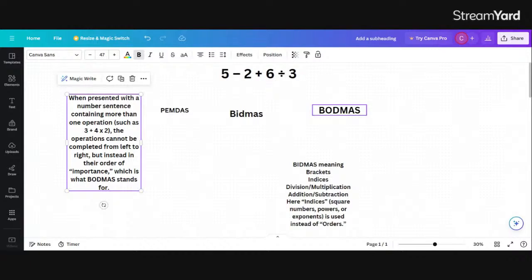For the last four, you have to pay very close attention to them. Division and multiplication are of equal importance. Neither is greater than the other. Let me just finish this explanation.